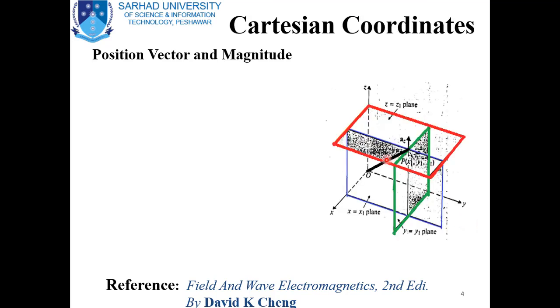In the adjacent figure we have three-dimensional space which is specified by three perpendicular axes, x-axis, y-axis and z-axis, and in this space we have a point which is the intersection of three planes. One plane is parallel to the x-axis. It means that in the blue plane the value of x is fixed, which is taken as x1.